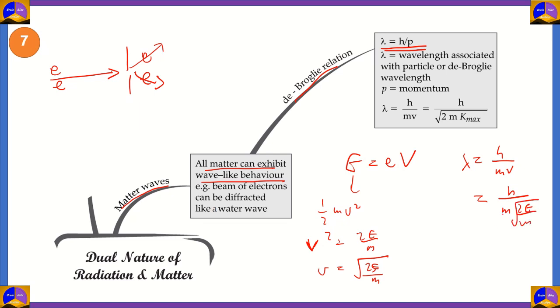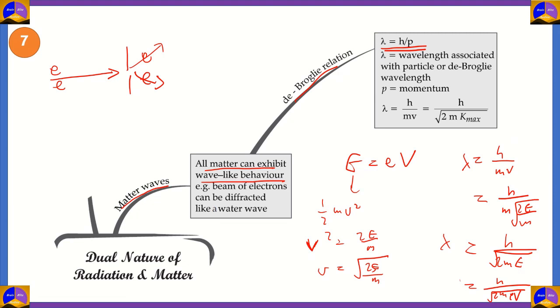And when you put this inside the root, it becomes m squared. m squared divided by m is equal to m. So therefore lambda becomes h divided by root of 2meV. Now the energy here, we can write it as 2m times electron volt.